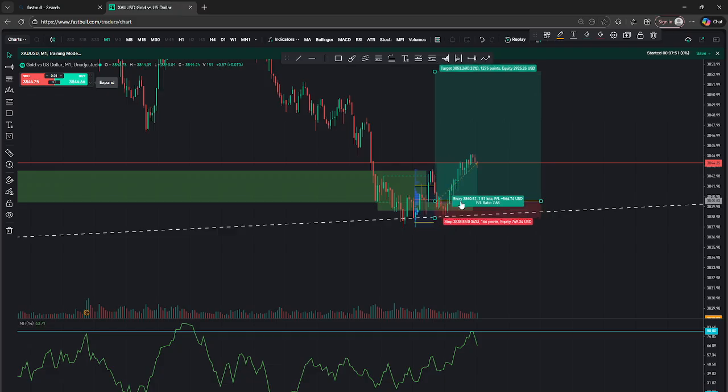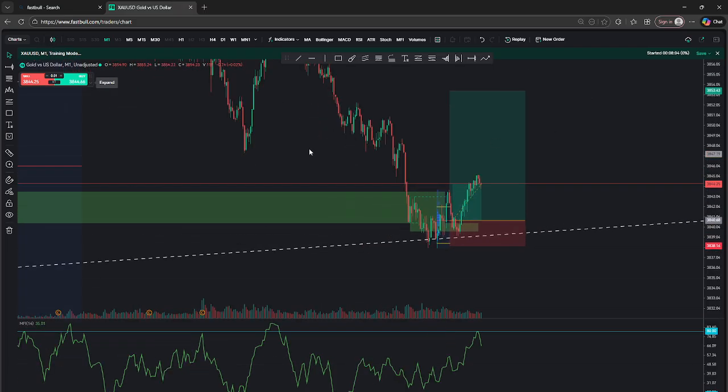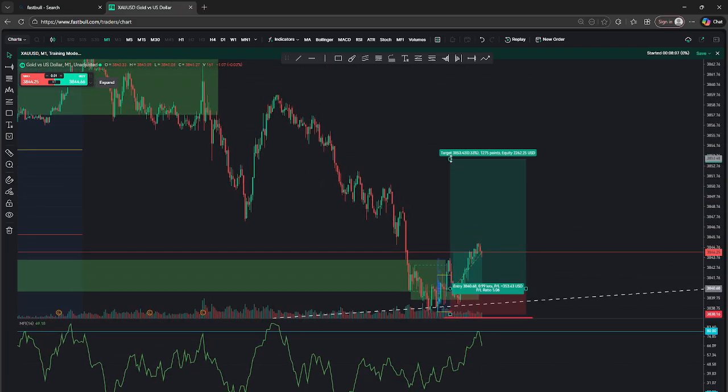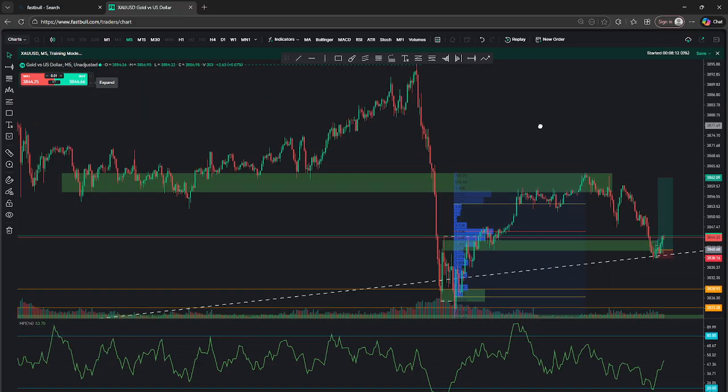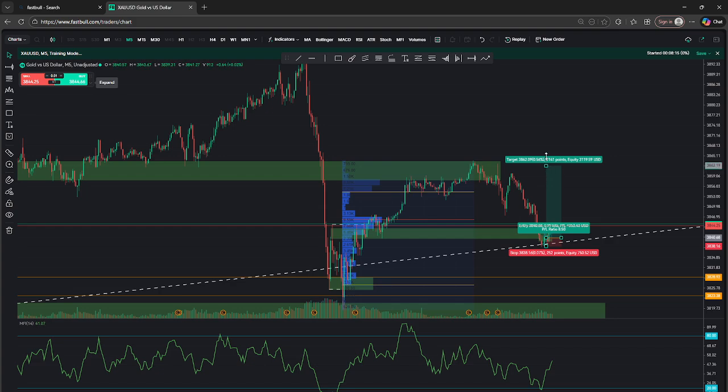So make it precise to be around the POC. 25 pips stop loss should be around here. So we target the first profit take. So we target in this level first.